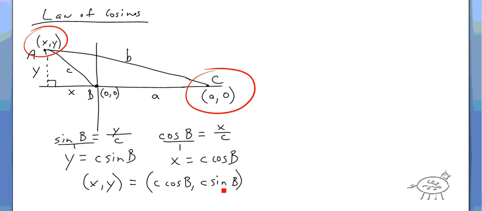And what I want to do is find the distance between those, and that distance is b. So I'm just going to use the distance formula, because I have two coordinates.